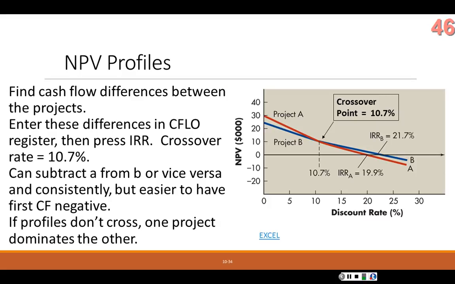Project A has a higher net present value if the cost of capital is less than the crossover rate. Project B has a higher net present value if the cost of capital is greater than the crossover rate. So we can determine this crossover rate.